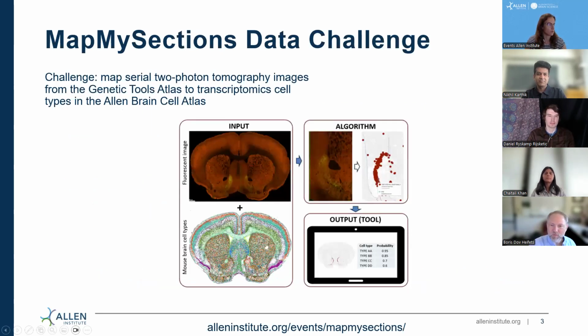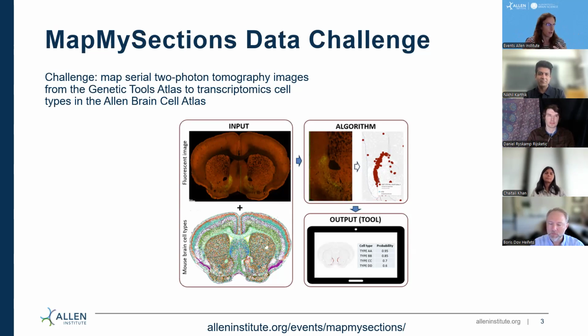All right, so the goal of the challenge was to make a connection between the data that we have in the Allen Institute Genetic Tools Atlas with the spatial transcriptomic data that we have in the Allen Brain Cell Atlas. So these are two different atlases featuring very different types of data. The plan was to take the data from the Genetic Tools Atlas, which features serial two-photon tomography images labeled in brain sections from different AAVs or labeled in different genetic ways, and then try to map that onto the spatial transcriptomic data that's featured in the Allen Brain Cell Atlas.